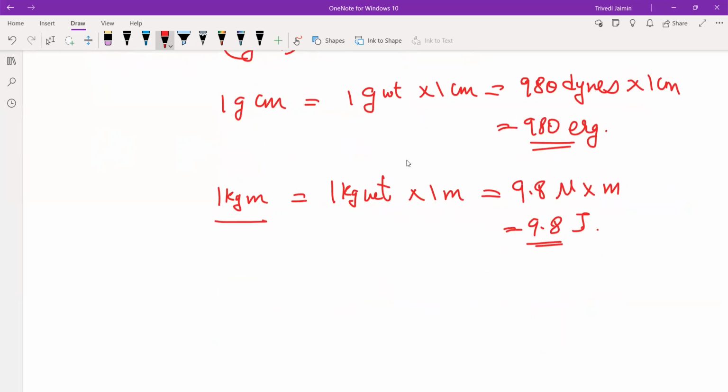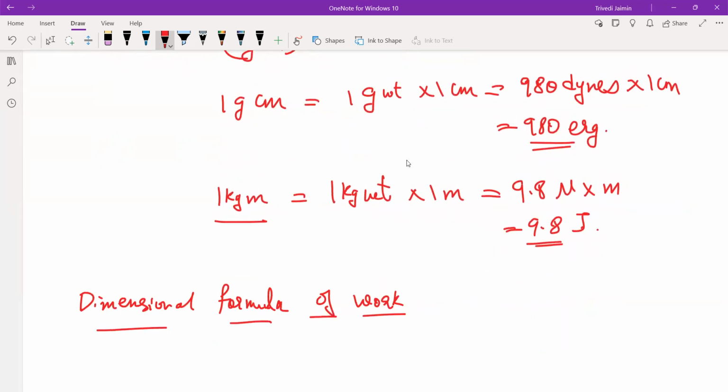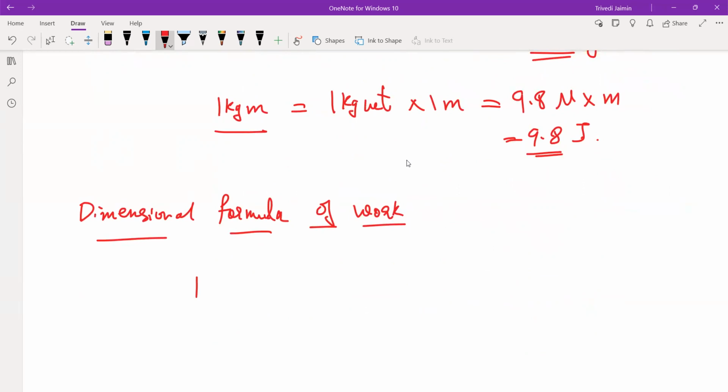And the dimensional formula. What is the dimensional formula for work? If you can't remember, just make the formula. It's ML squared T power minus 2.